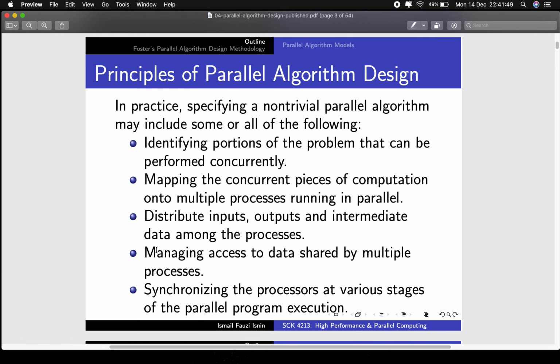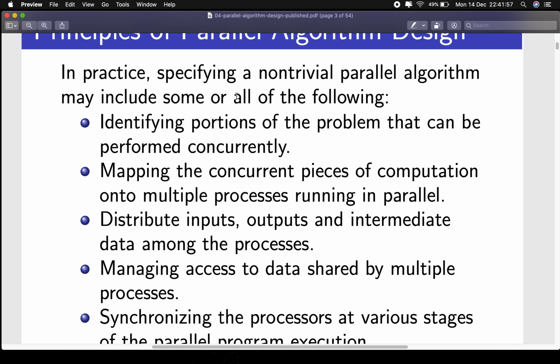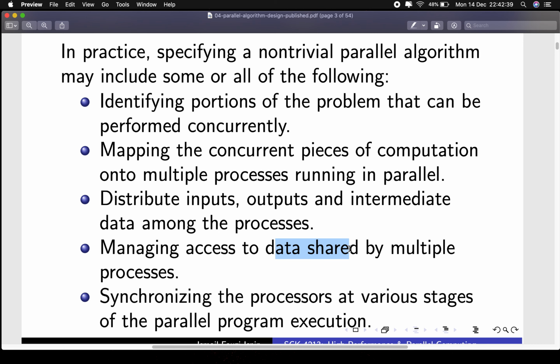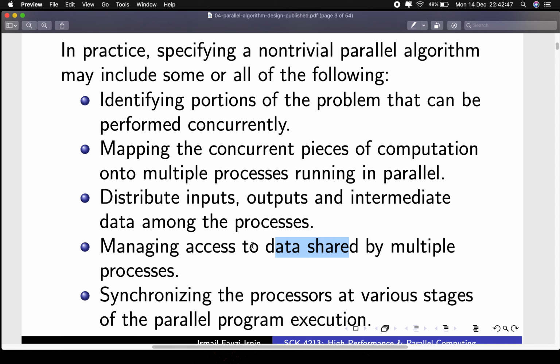In practice, a non-trivial parallel algorithm involves the following: you need to identify portions of the problem that can be performed concurrently, then map the concurrent pieces onto multiple processes running in parallel, distribute input, output, and intermediate data among the processors, manage access to data shared by multiple processors, and lastly synchronize the processors at various stages of the parallel execution.